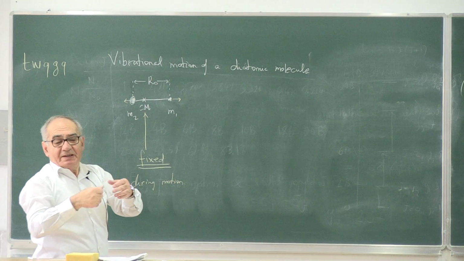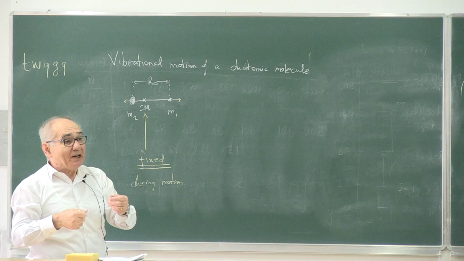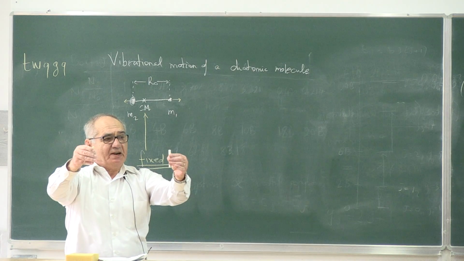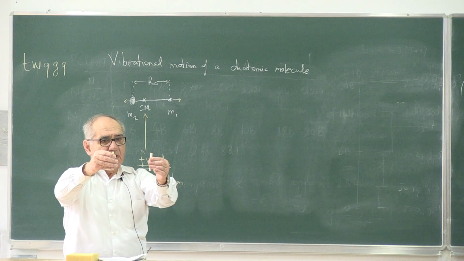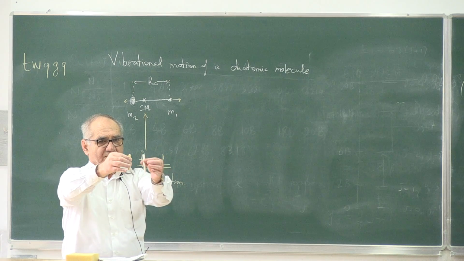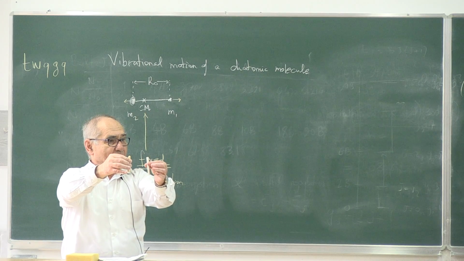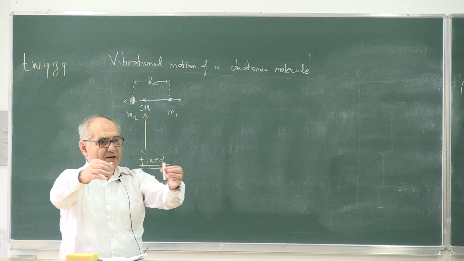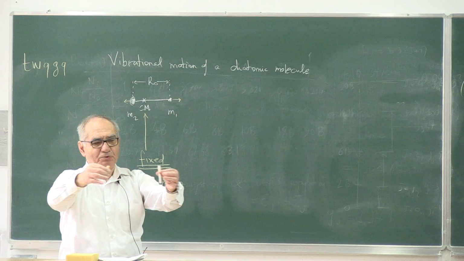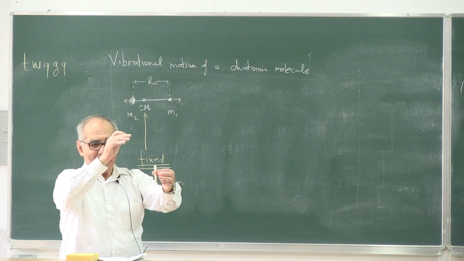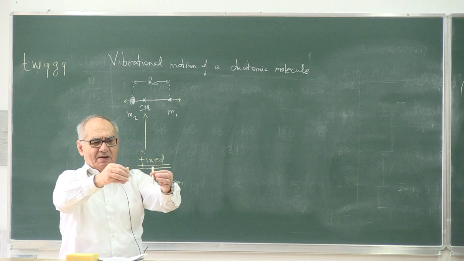So that in that case, we will call it compression. So if this is the equilibrium, this is stretch, and again, this is equilibrium. This is contraction. So the motion is concerted. The two atoms move together because the center of mass must stay at the same place.